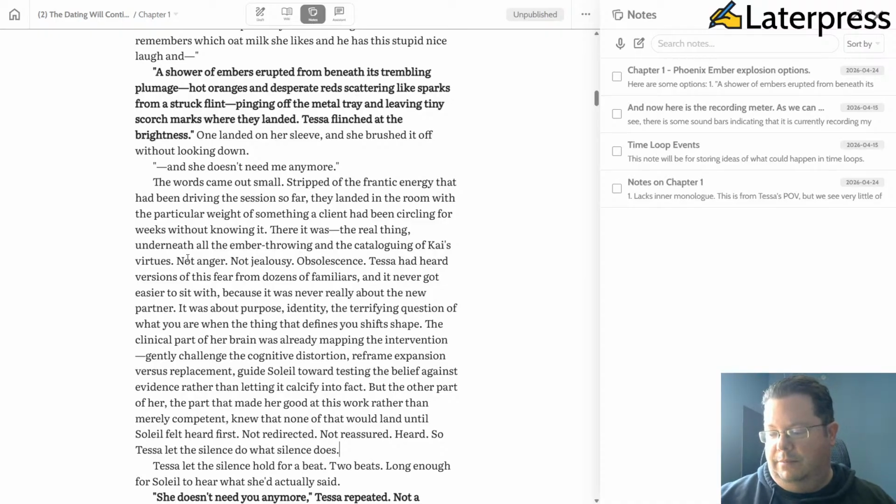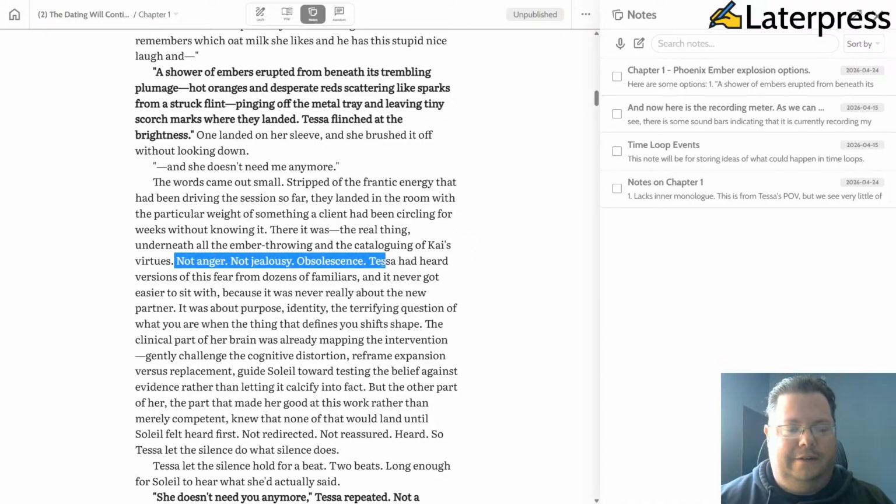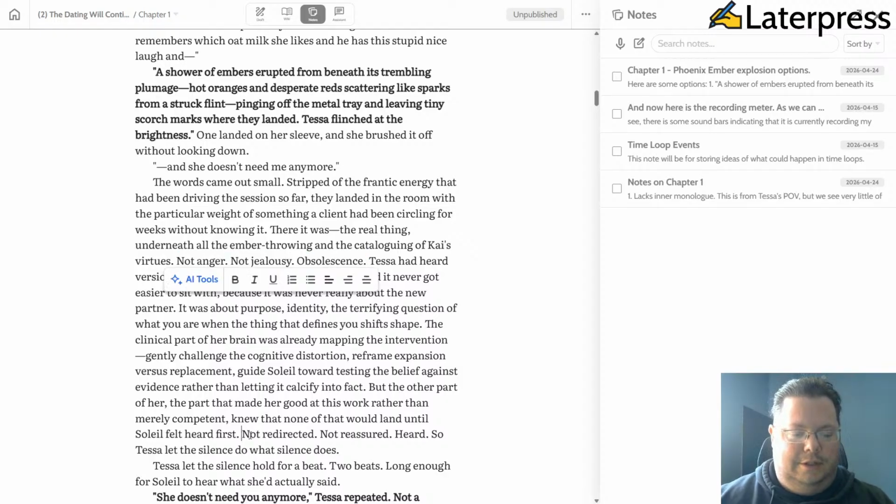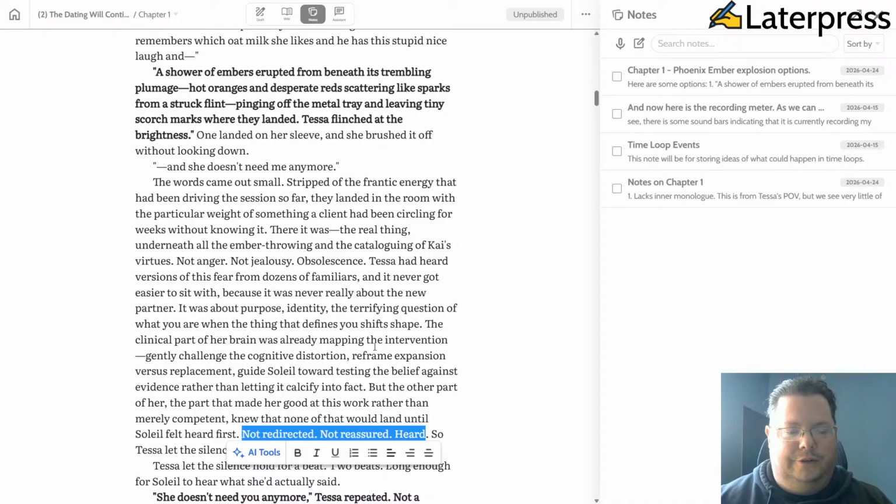It does it way more than any human author I've ever seen uses that technique. So when I see it, I always feel it needs to work extra hard to justify its existence. Here we go. Not anger, not jealousy, obsolescence. Not redirected, not reassured, heard. I mean, automatically one of those needs to die. You can't have two of those going on in the same paragraph.